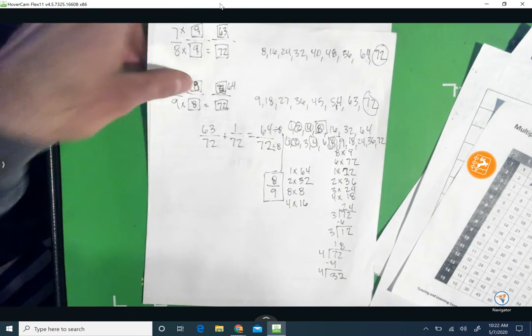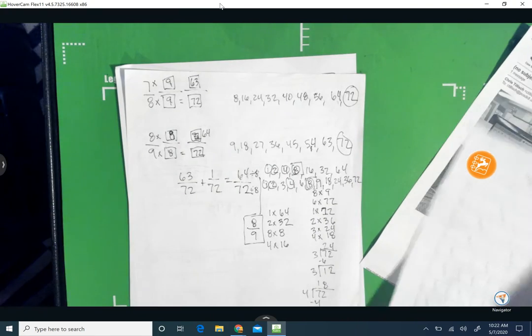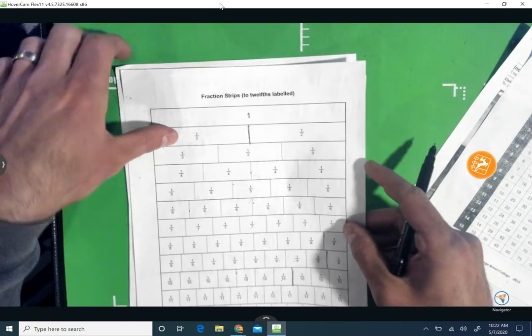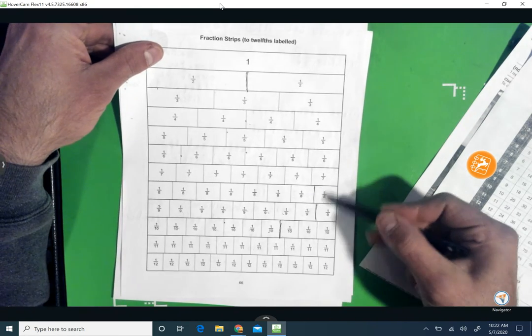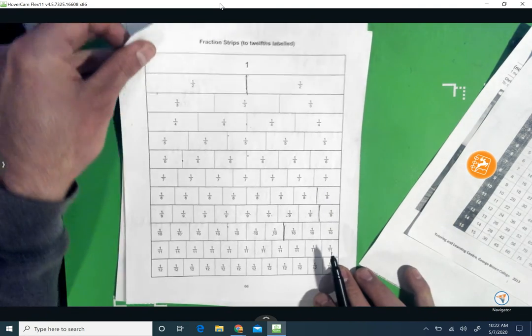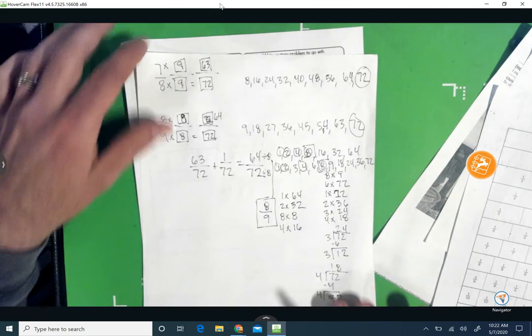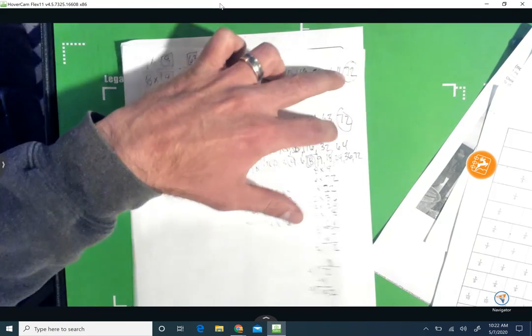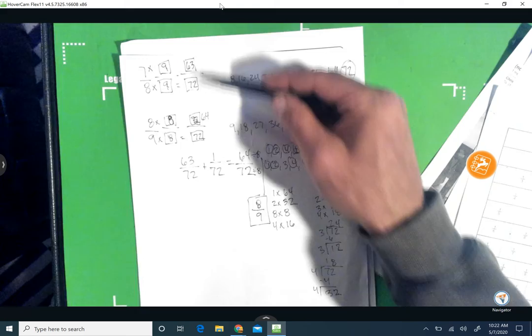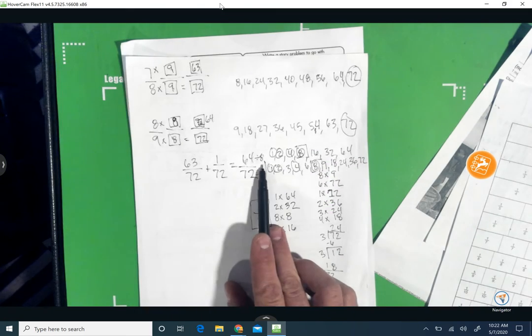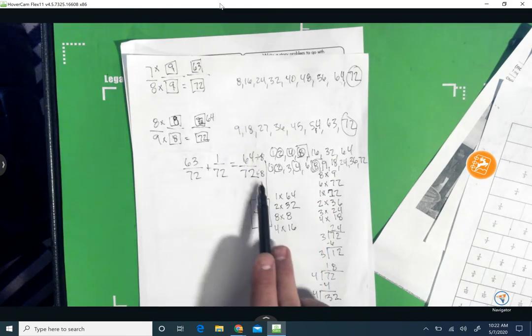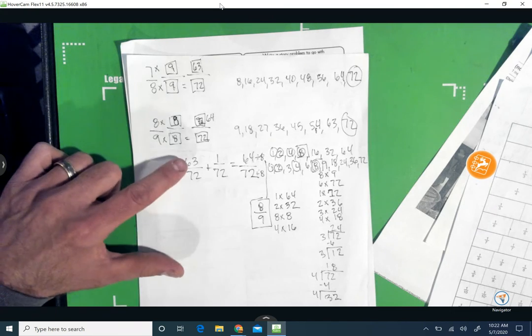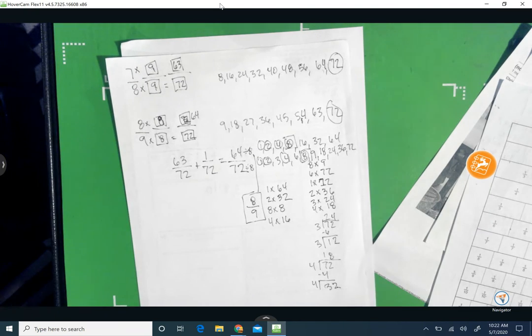My goodness. We used the fraction strips to determine if they were equal. Looking at the 8s and 9s, they were so close, but they're not equal. And then we made them equivalent by finding the least common multiple, which was 72, changing our fractions. We wanted to make 63/72 the same as 64/72, so we added 1/72.